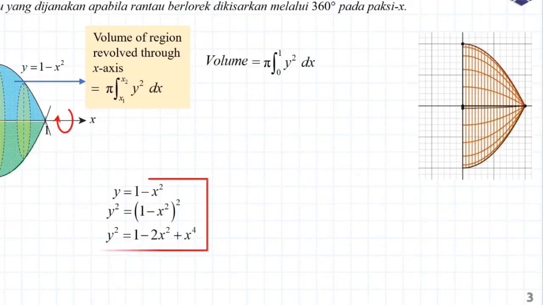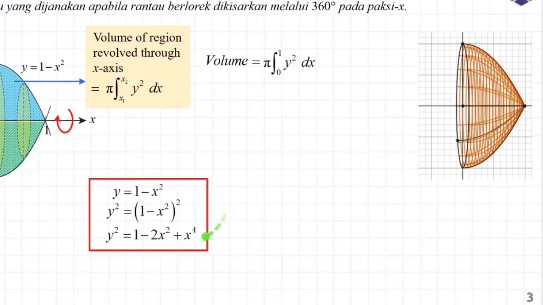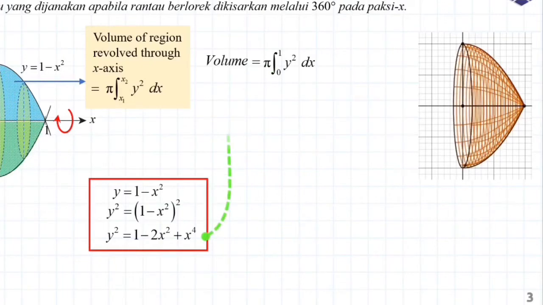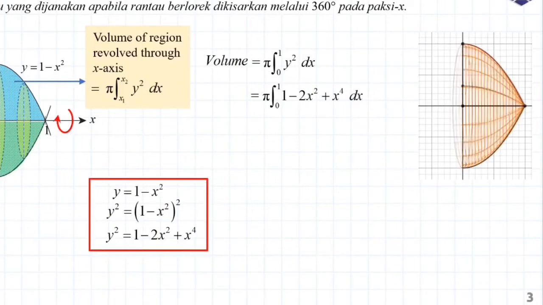Then you will expand, you get negative 2x squared plus x power 4 dx. Okay, after you expand, then you substitute into the formula before you integrate. So the volume is equal to pi, integrate from 0 to 1 for the function that you have squared, which is 1 minus 2x squared plus x power 4 dx.